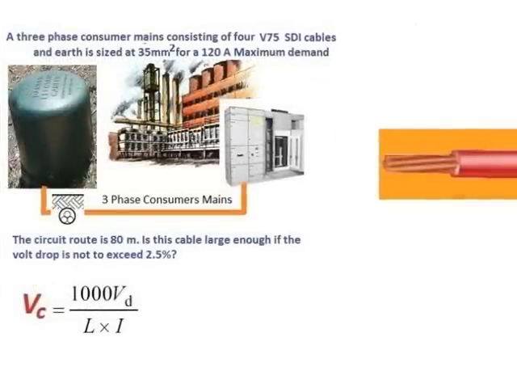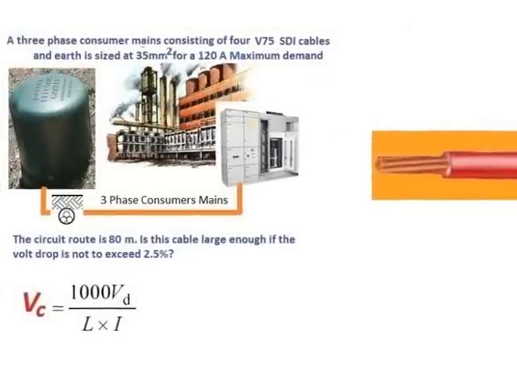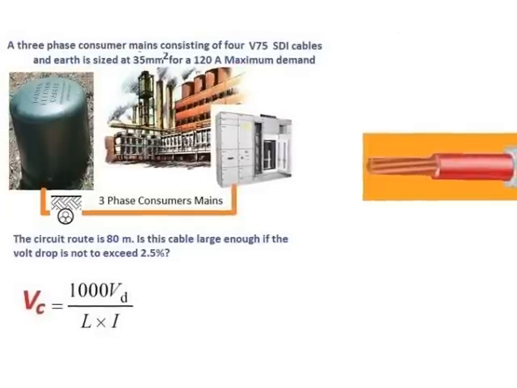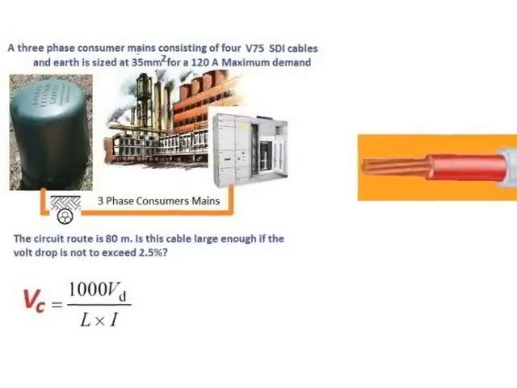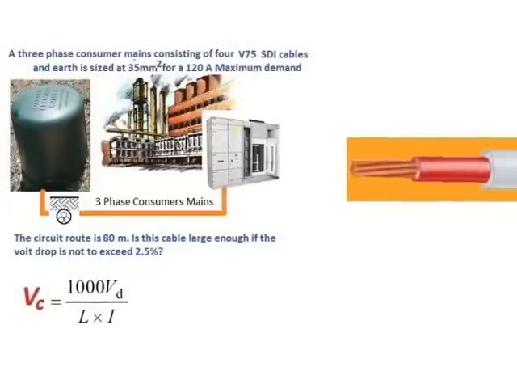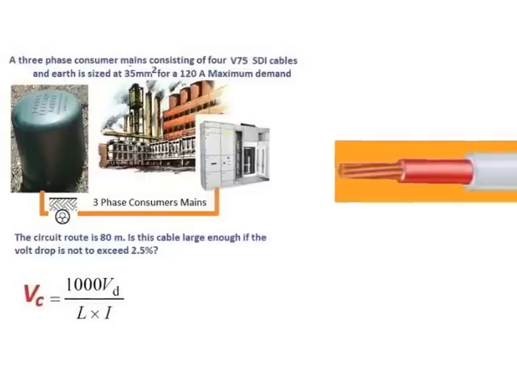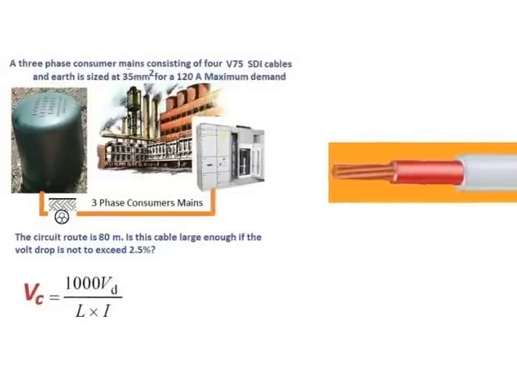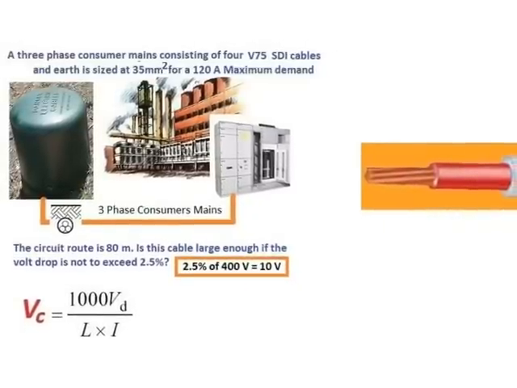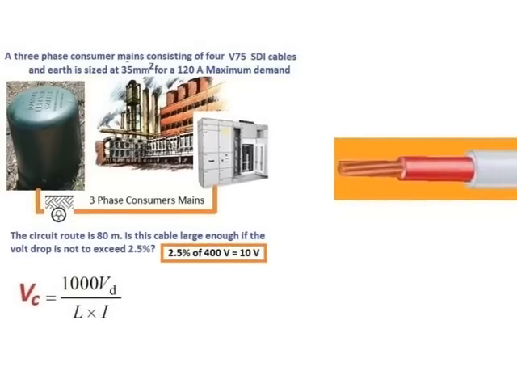Now the circuit route is 80 meters, so now I have to say, is the 35 mil cable large enough if the volt drop is not to exceed 2.5%. As a designer, I've applied this 2.5% for the consumer's mains. So 2.5% of the 400 volts is 10 volts. So my VD here will be 10 volts.